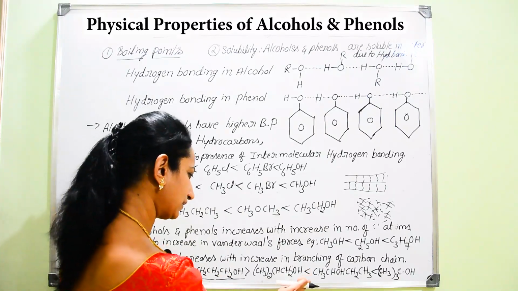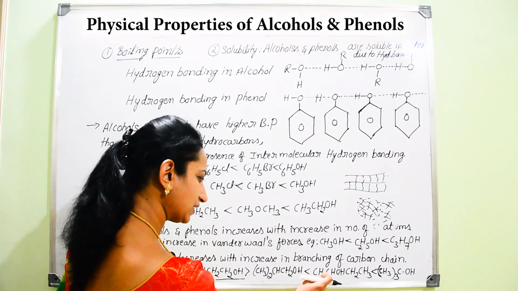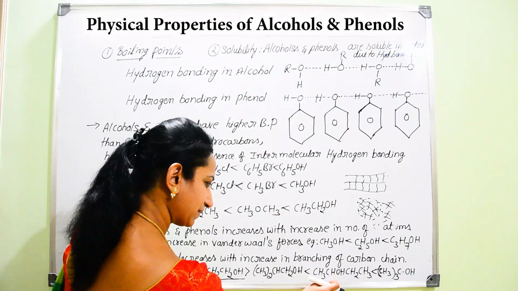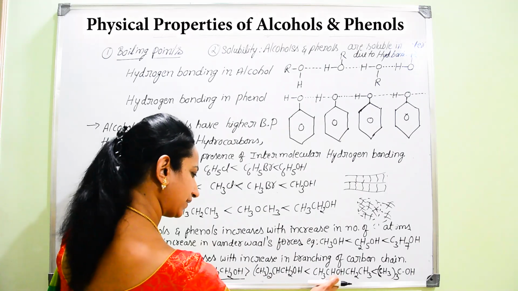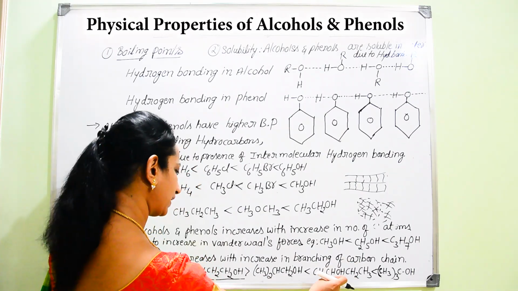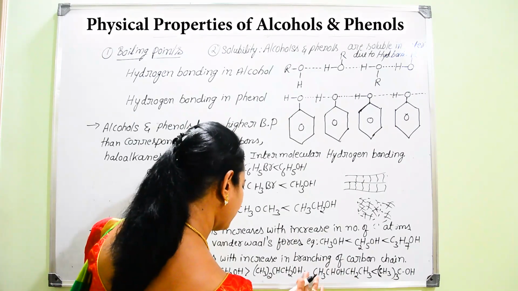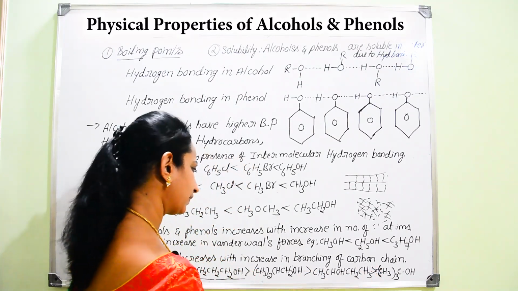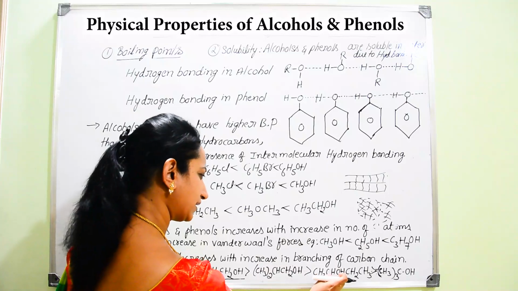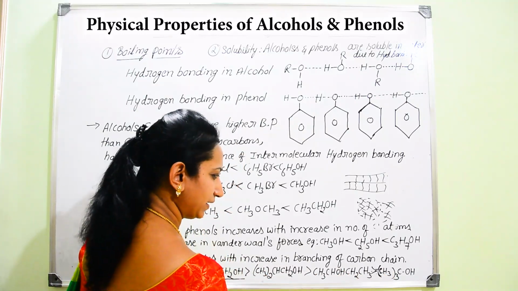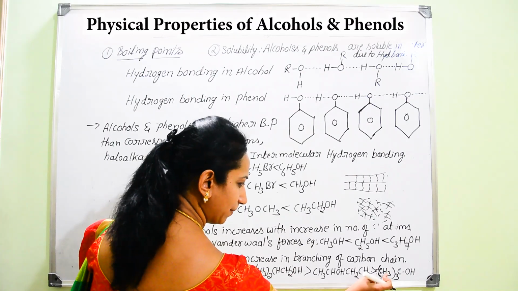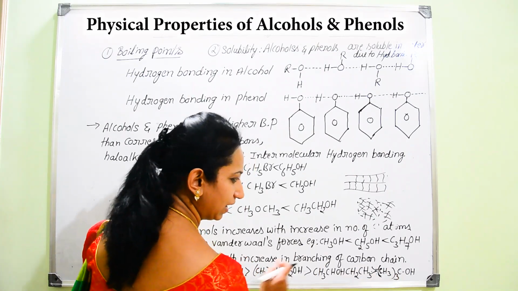Similarly, here also the same number of carbon atoms are present, but OH is present as a branch here. Therefore, it has a lesser boiling point when compared to the previous one. Now, if you go for the last one, the central carbon atom is bonded to 3 alkyl groups.